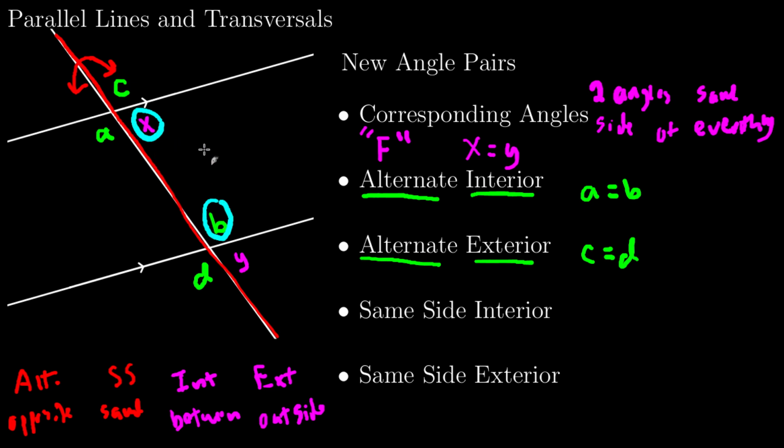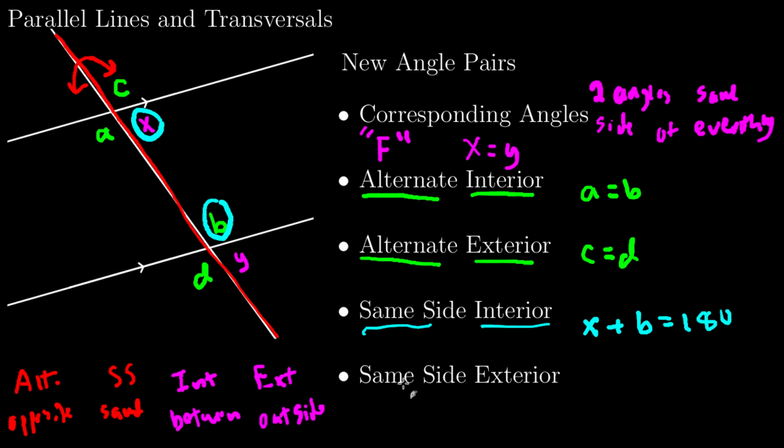They're both to the right, and between the two parallel lines, and I can see they're not the same. X is acute, b is obtuse, but the rule for same side interior is that they will be supplementary, or they will add up to 180 degrees.